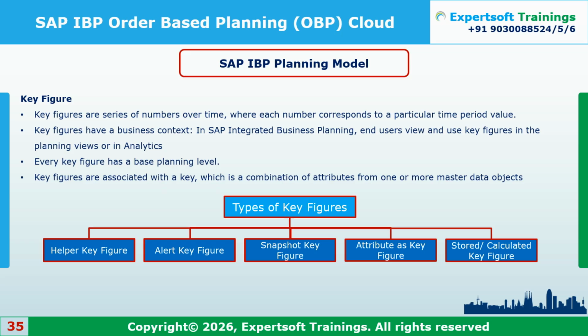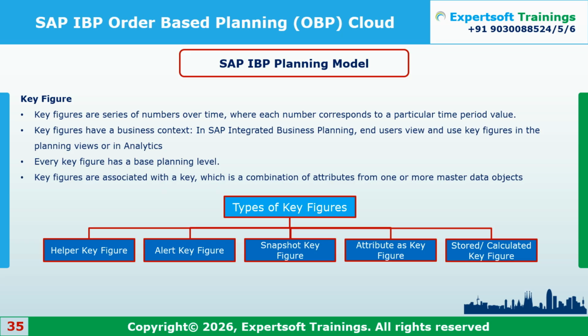And the helper key figure. What is the purpose of the helper key figure? If you recall, what exactly is the helper key figure? Breaking down large calculations into smaller ones. It acts as an intermediate key figure to store for the next level of calculation. And how can I identify the helper key figures?